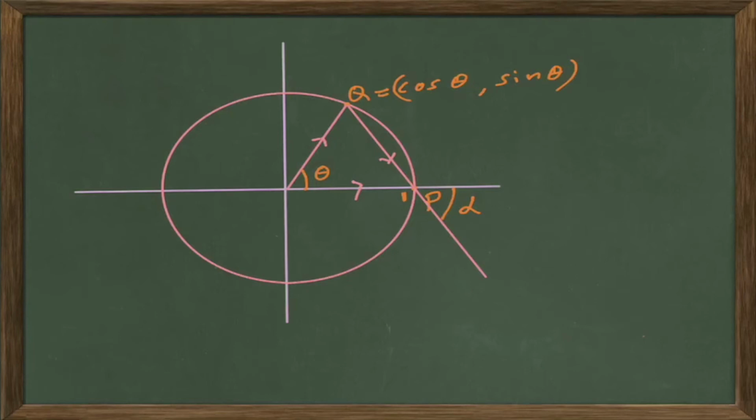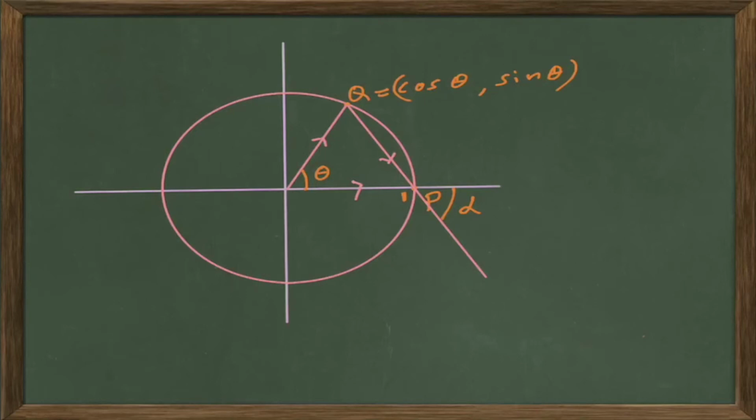Notice that as theta approaches 0 from the right side, the point Q approaches 1 from the upper semicircle.